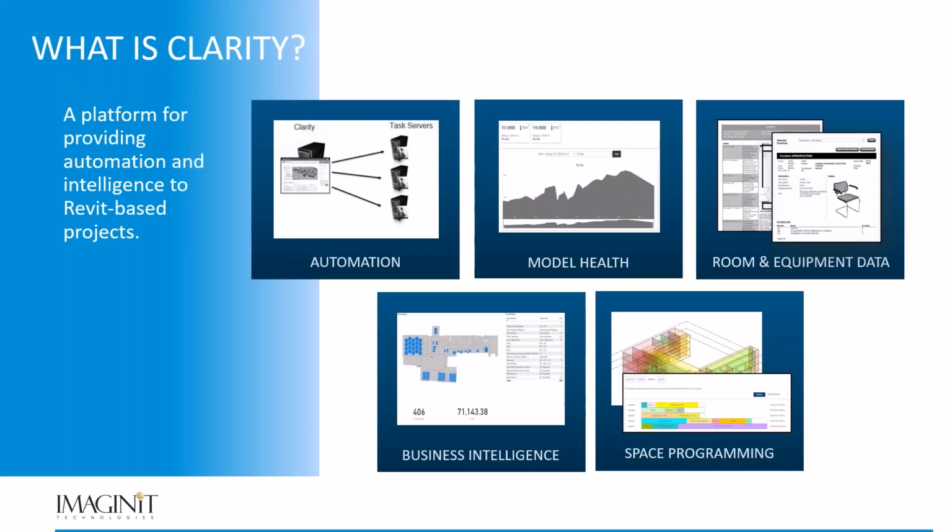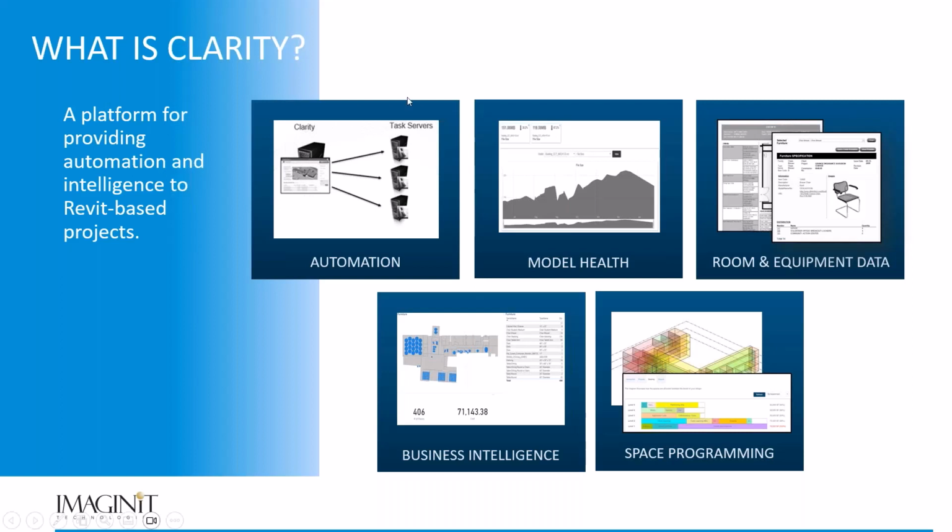As a reminder, the Clarity product, which you may have heard of, has been around for 12 years now. It is a platform for providing automation and intelligence, mostly to Revit-based projects. We do have AutoCAD capabilities, but most of our customers are Revit-centric companies who also do some AutoCAD-oriented work.